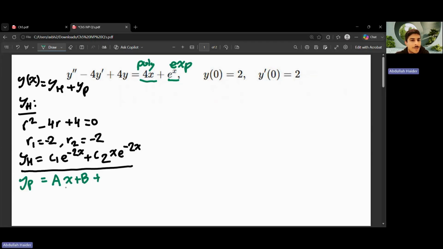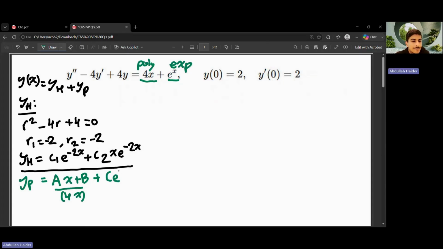and this is basically the yp for 4x, and for the exponential one we'll have c e power rx. I cannot repeat a again, so c e power rx, and since our r here is 1, we can simply put 1 here.